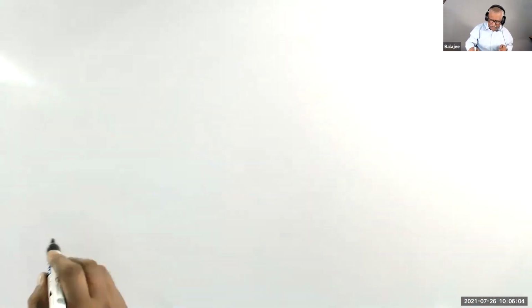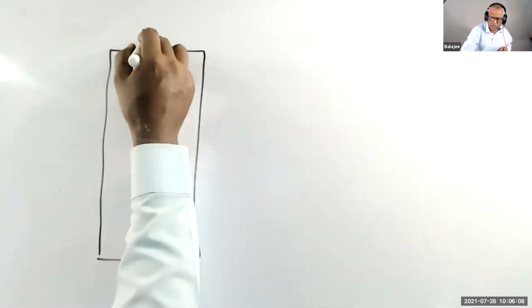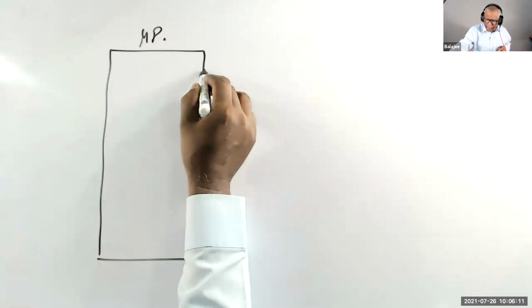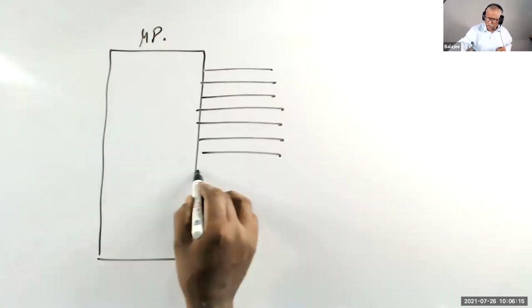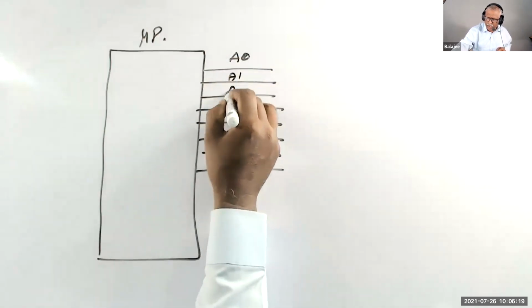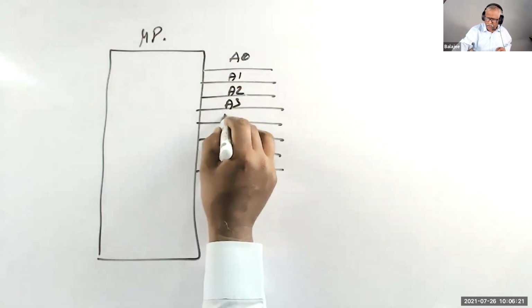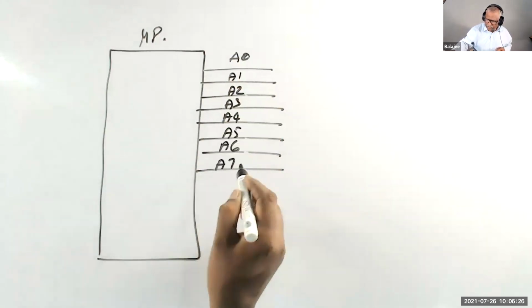The microprocessor which has 8 address lines. Assume, let us have 8 address lines: A0, A1, A2, A3, A4, A5, A6, A7. This is MSB.